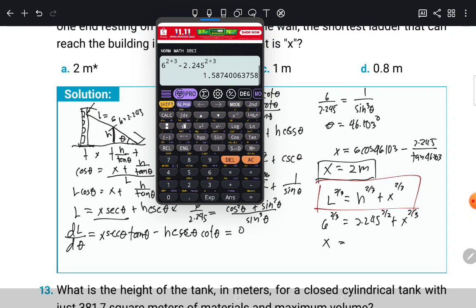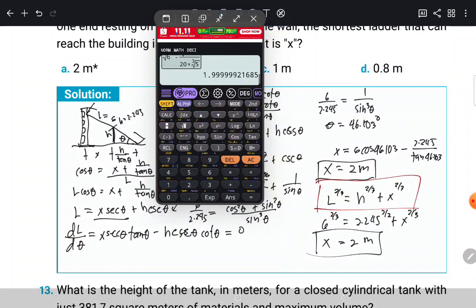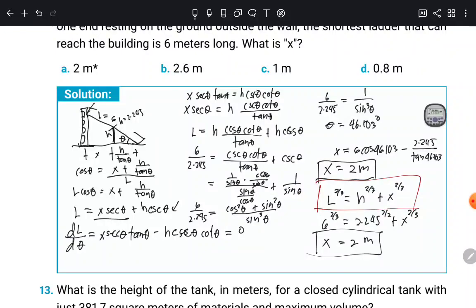Then we just raise this one to, we inverse that, 3 over 2. So the answer is 1.99999, which is also equal to 2 meters. So we can use that formula if you want: L raised to 2/3 is equal to H raised to 2/3 plus X raised to 2/3, where L is the length of the ladder, H is the height of the wall, and X is the distance of the wall to the building.